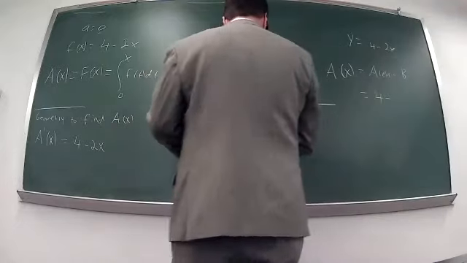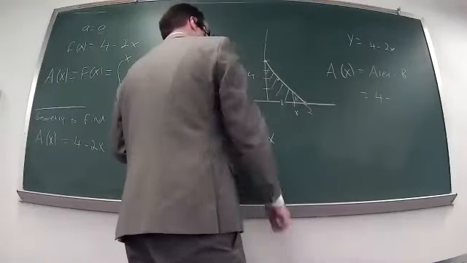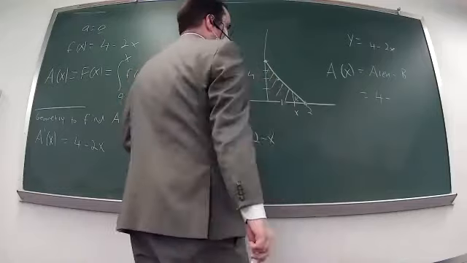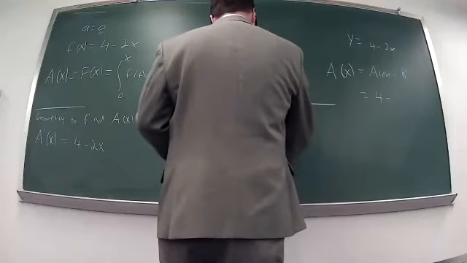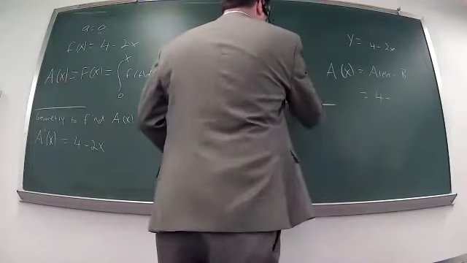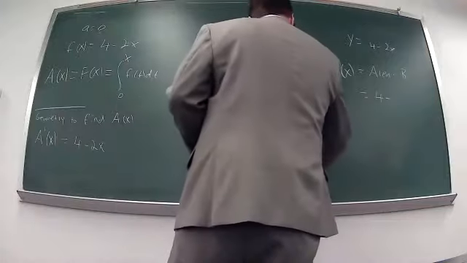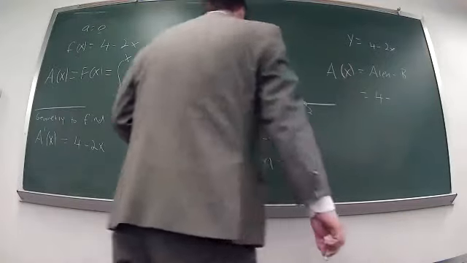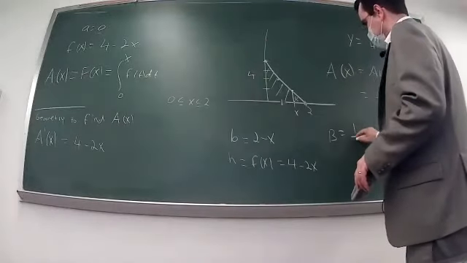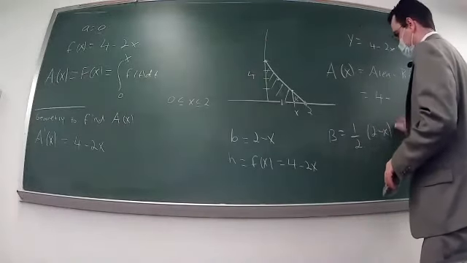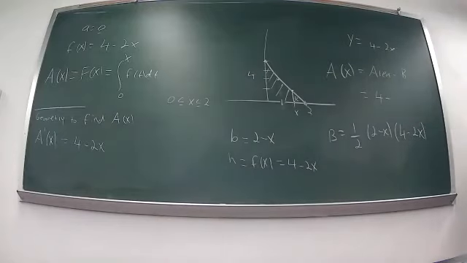The base there is definitely 2 minus x, and the height is definitely whatever the y value is. Because if this is x, the height is y equals f of x, so that's 4 minus 2x. So half of base times height is half of 2 minus x times 4 minus 2x.